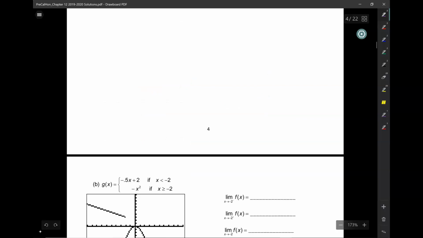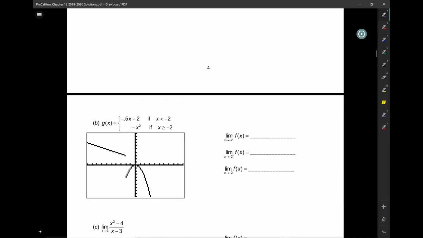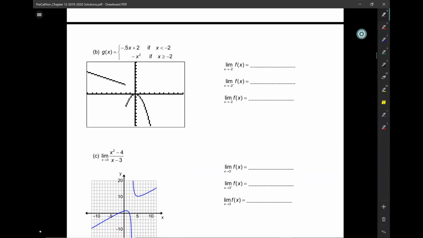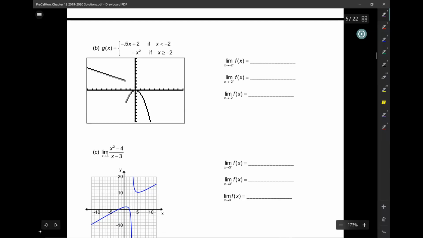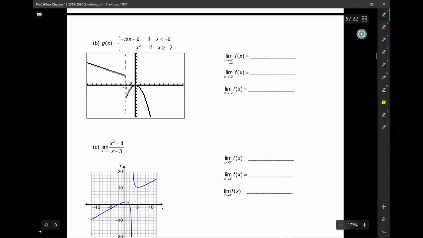Let's move on. What about this one? So this one's already been graphed for you. Okay, so we're looking at the limit as x approaches -2. Where is -2? This is -1. This is -2. Let's draw that line. So -2 from the minus side, the limit as x approaches -2 from the left-hand side.